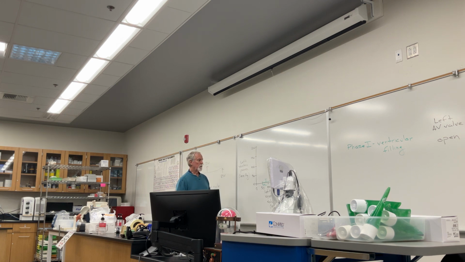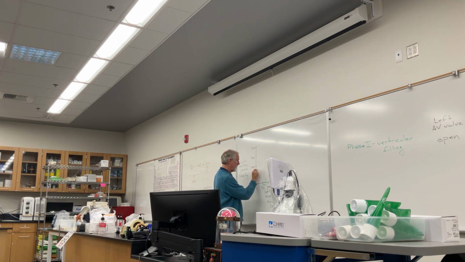Phase 2 is known as the isovolumetric phase of systole. That's a good term. Iso, same volume. I'm going to come in and I'm going to put in standard textbook values for blood pressure. So I'm going to put a dashed line right about here.